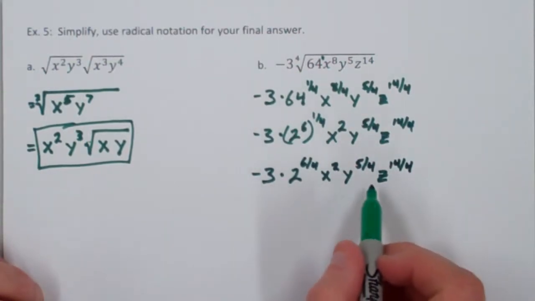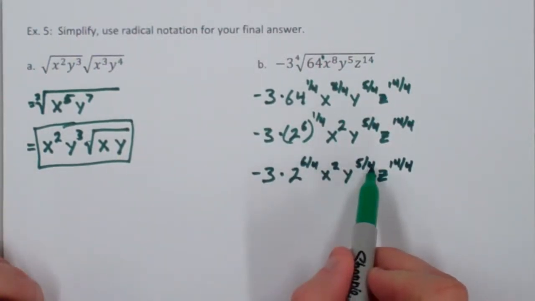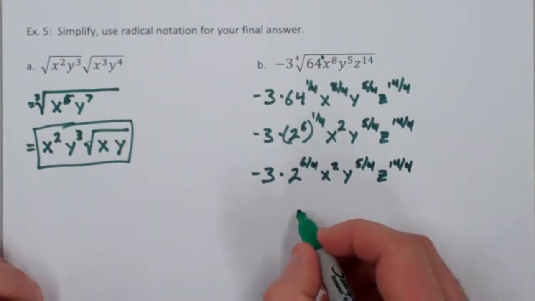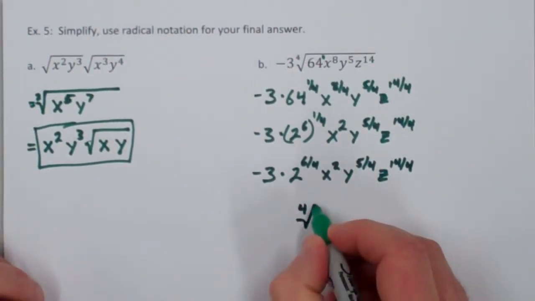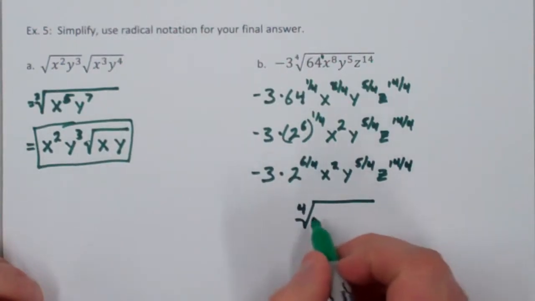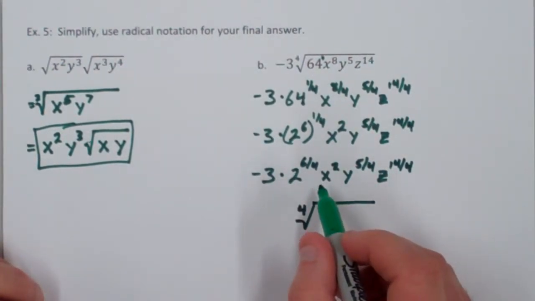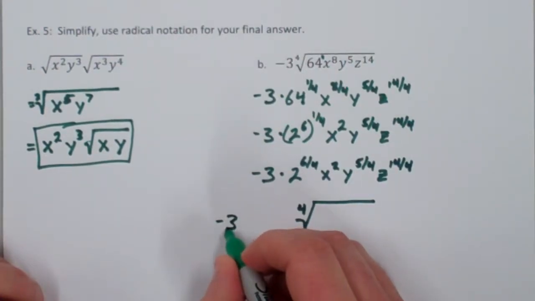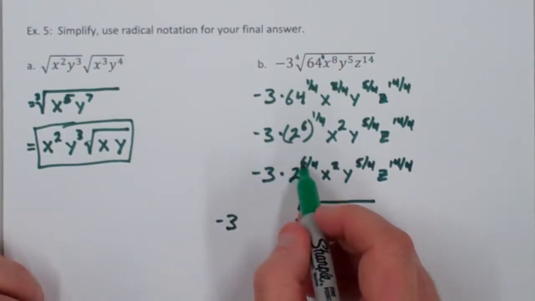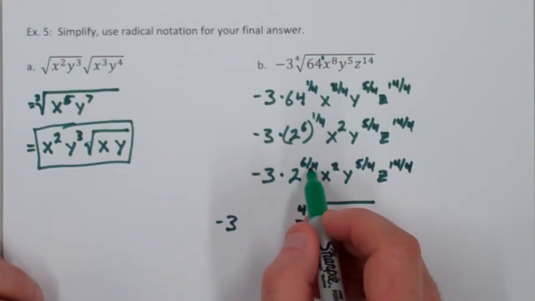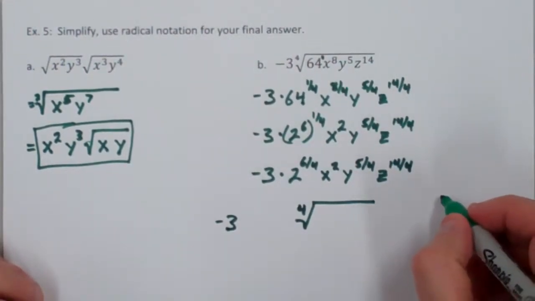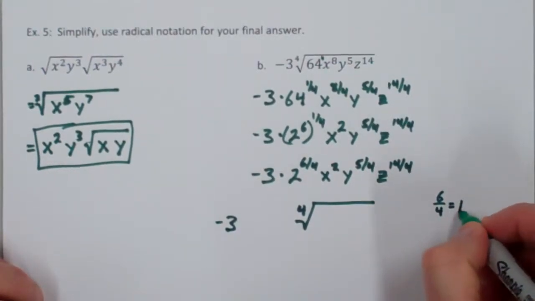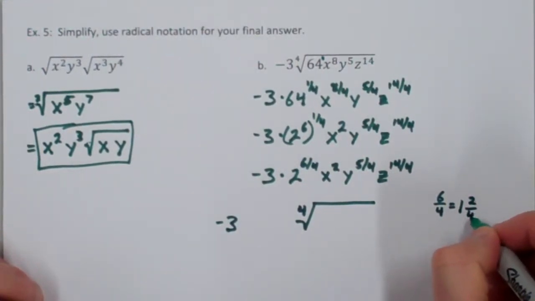Now at this stage, you can see that we have a 4 here, and the 4 is not going to go evenly into some of these. So we will have a fourth root. We will have some things left underneath. The ones that will come outside, we've got a negative 3. We've got a 2 to the 6 over 4. Now 6 divided by 4 is 1 and 2 over 4, a remainder of 2.